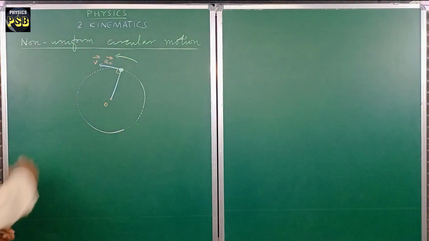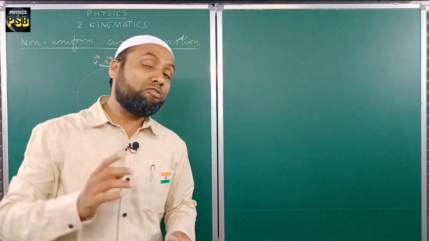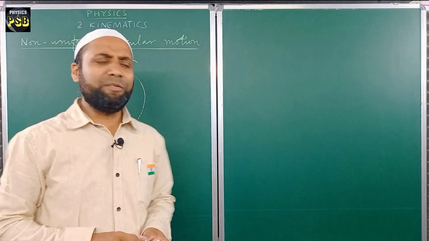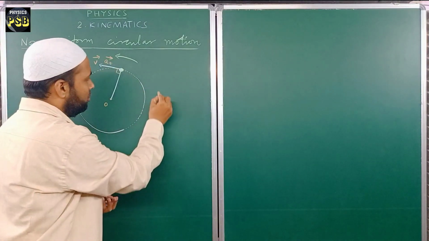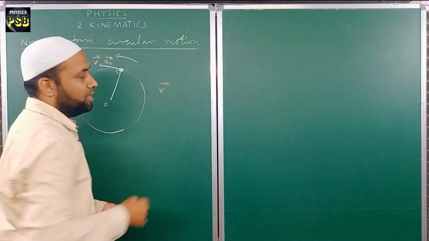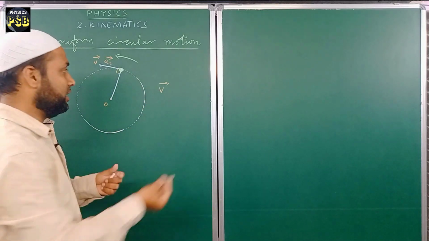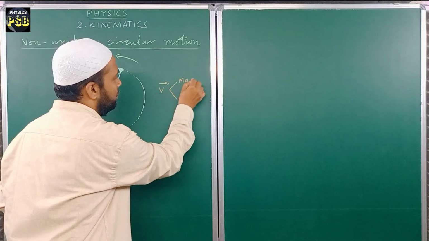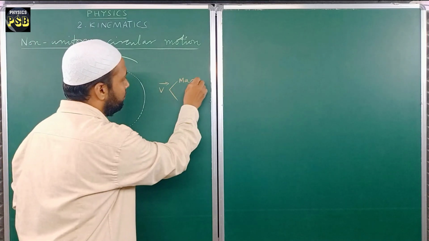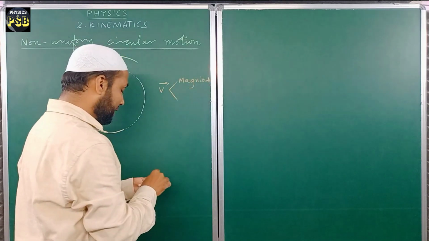Got it? Now before I tell you about non-uniform circular motion, let me tell you what uniform circular motion is. Velocity is a vector quantity. It has both magnitude and direction.